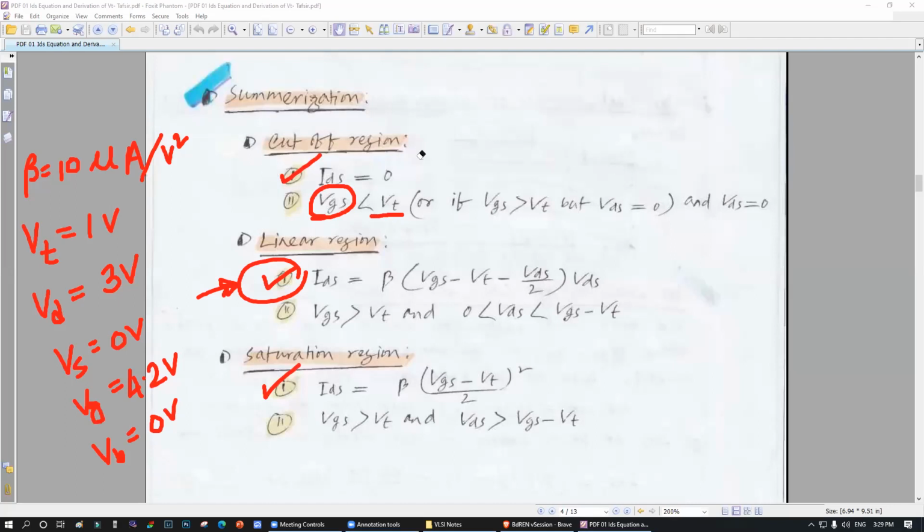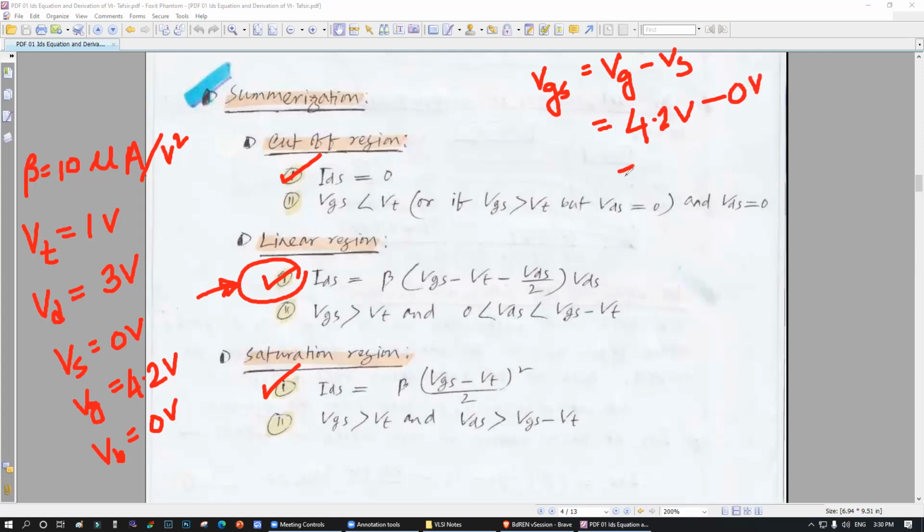So let's find out what is the VGS. VGS is equal to VG minus VS, right? What is your VG? VG is equal to 4.2 volt. Fine. What is your VS? VS is equal to 0 volt, right? So what is the voltage of VGS? 4.2 volt.